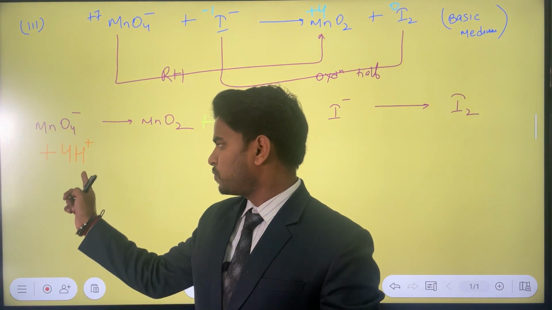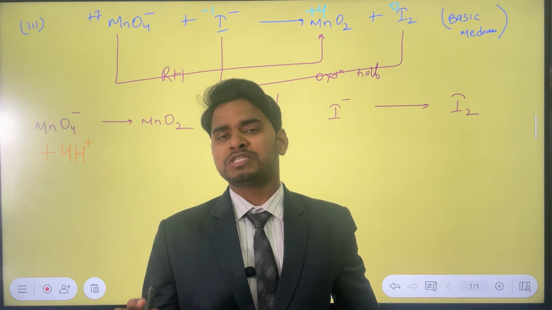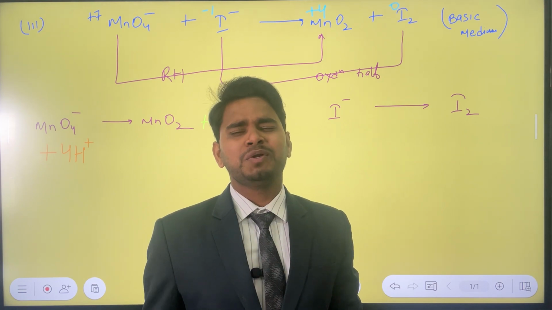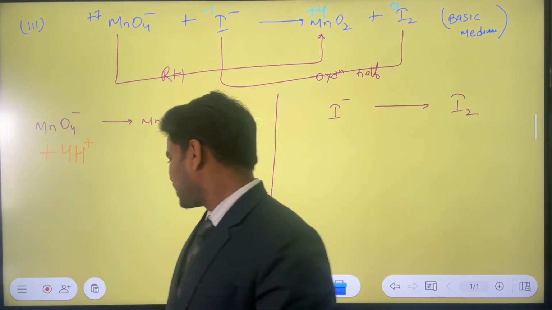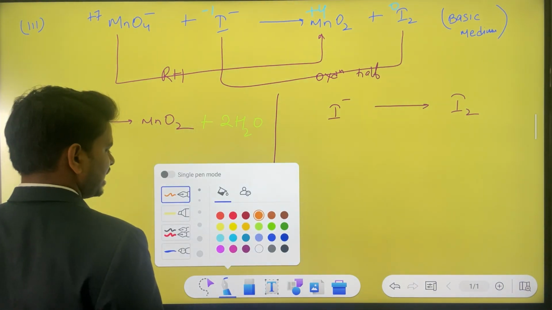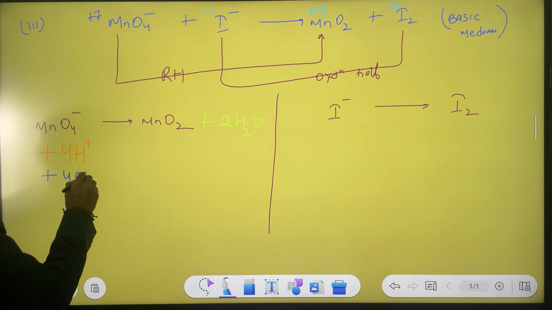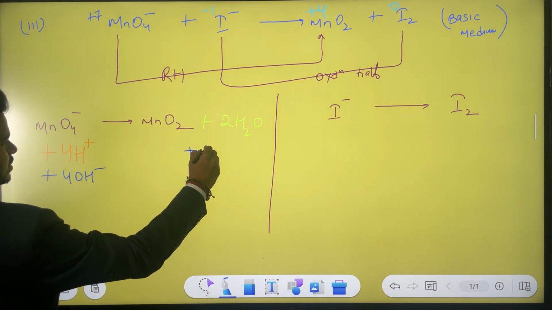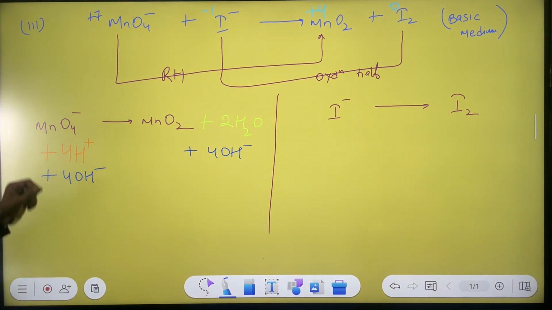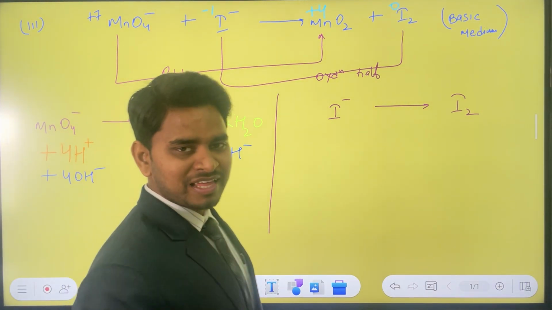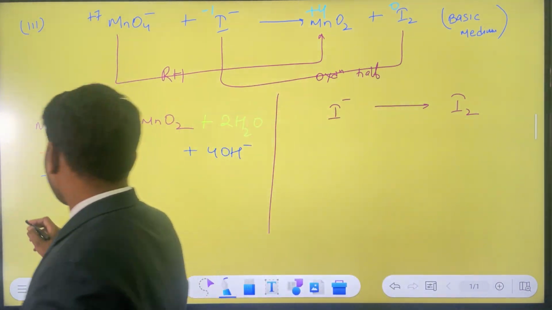We can see we have 4 H plus, so we will add 4 OH minus on the left and 4 OH minus on the right, and we know that in any equation we can add anything to both sides. Now H plus and OH minus makes what? H2O.